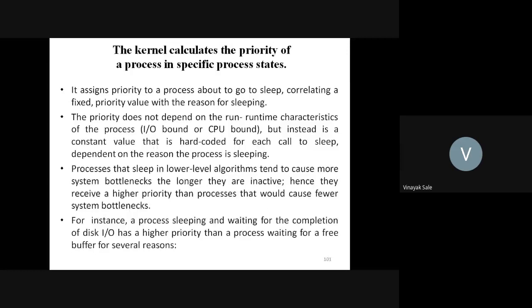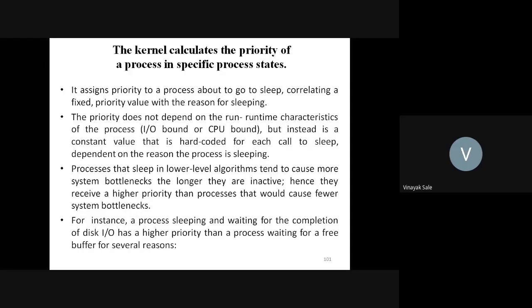The priority does not depend on the runtime characteristics of processes, such as IO bound or CPU bound, but instead is a constant value that is hard coded for each sleep call, dependent on the reason the process is sleeping.